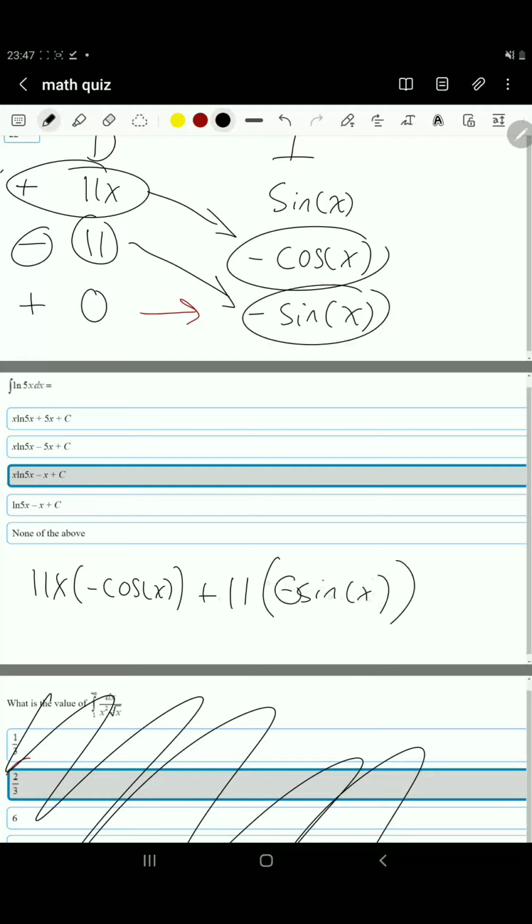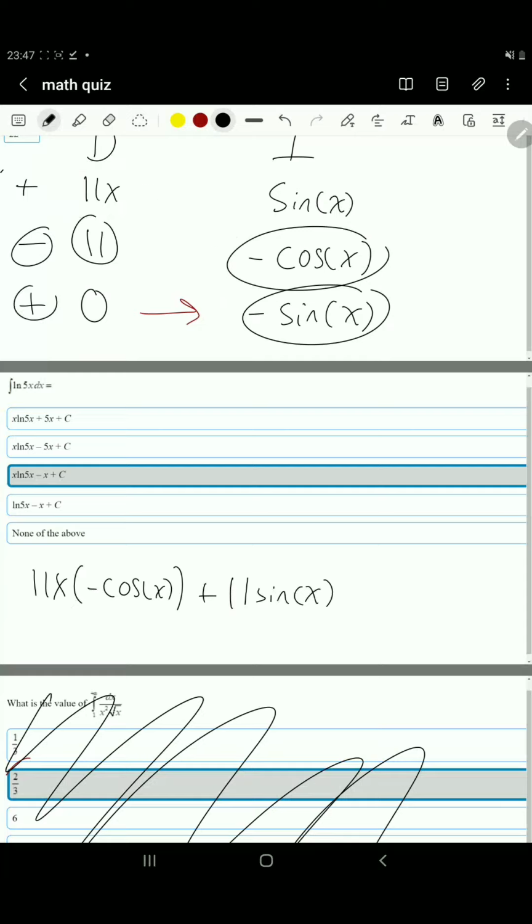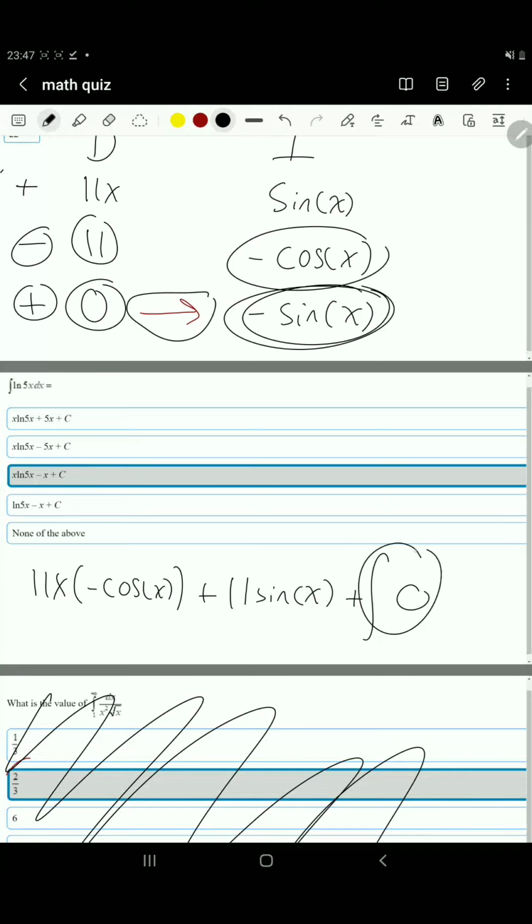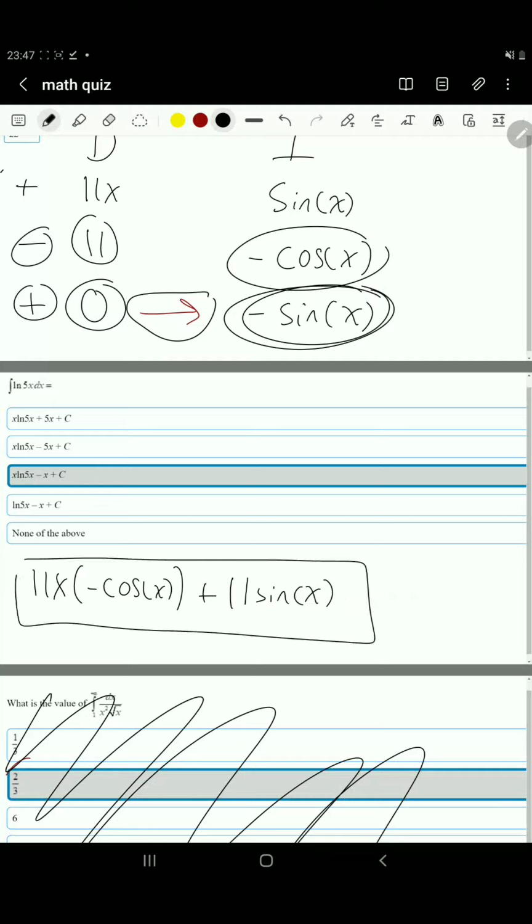Minus minus means plus. You basically have 11 sine x. And then you have this, right? So you put a plus. Then you multiply this by that. 0 multiplied by anything is 0. And since this is a horizontal line, you integrate. Integral of 0 is 0. So that goes away. And this is your entire integral.